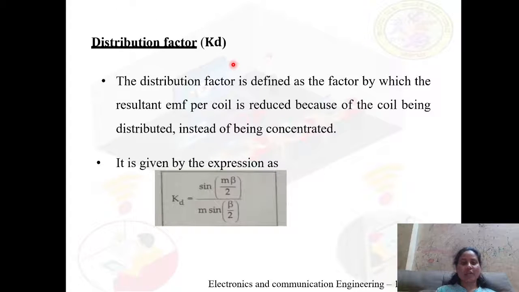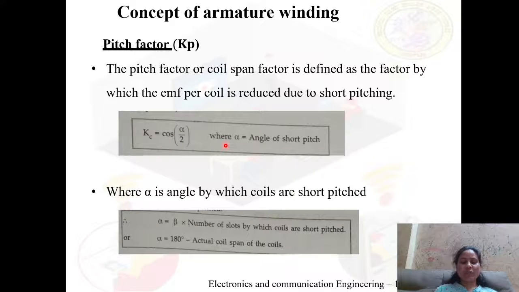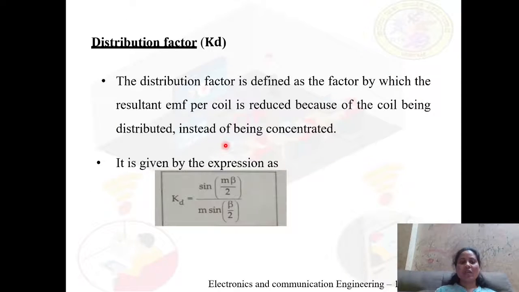Distribution factor, we represent this with Kd. So distribution factor is defined as the factor by which the resultant EMF is reduced due to distribution of the coils. Okay, and pitch factor is the factor by which the EMF is reduced due to short pitching. Distribution factor is the factor by which the amount of EMF is reduced due to the distribution of the coils.